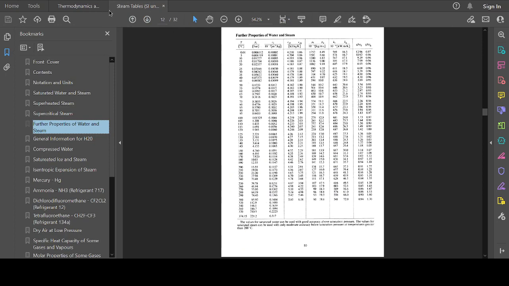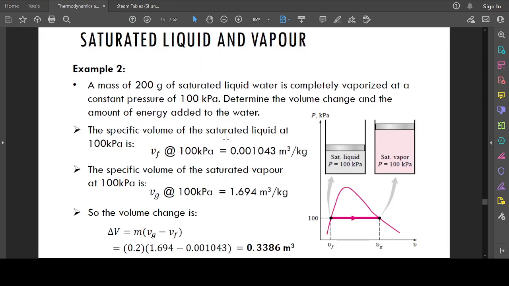Usually you have to do the conversion, knowing how to change pascals to bar. Then you get the specific volume reading against that pressure, and that will be this. Then you do the same for the saturated vapor, which is Vg, and that will give you this value.